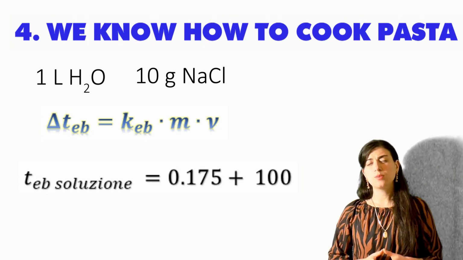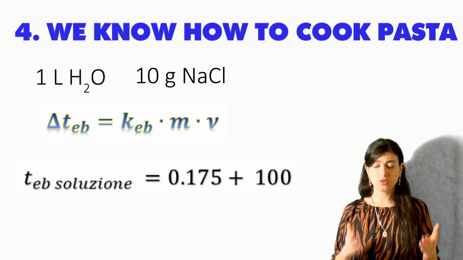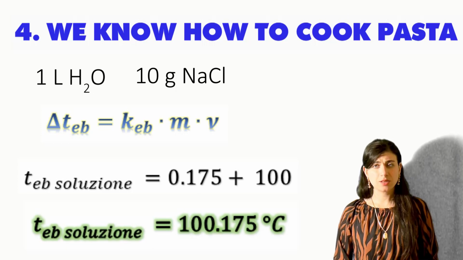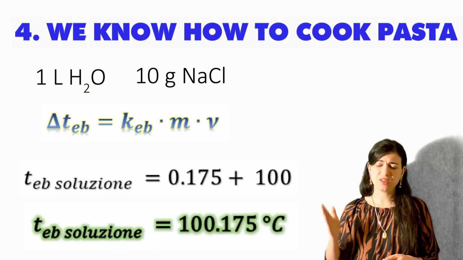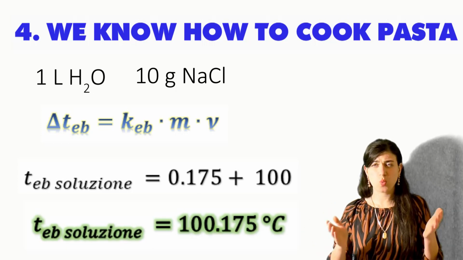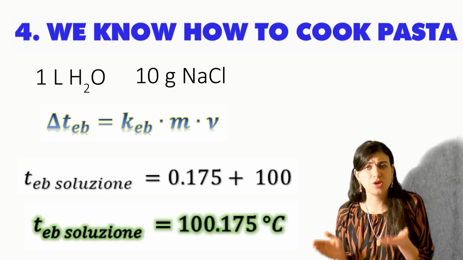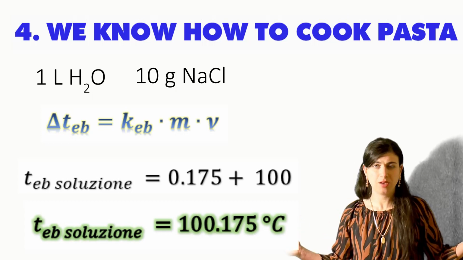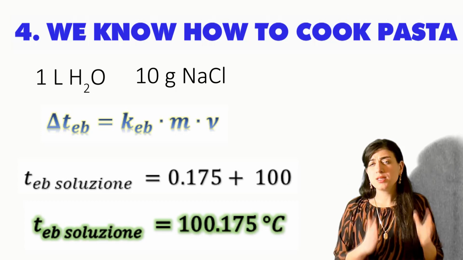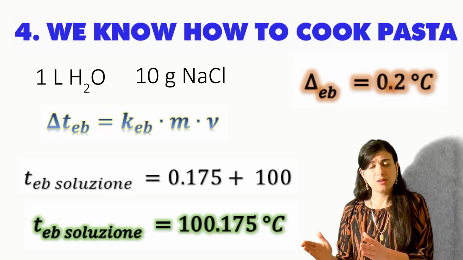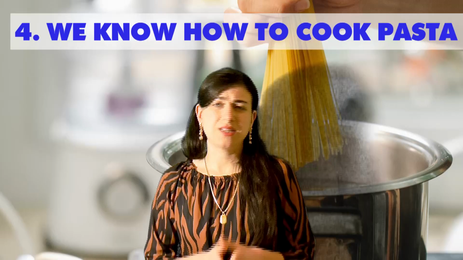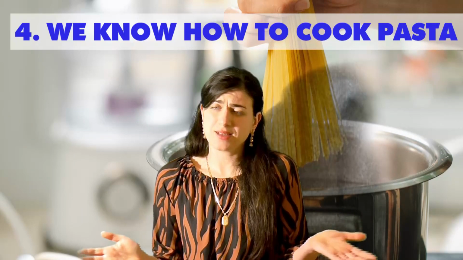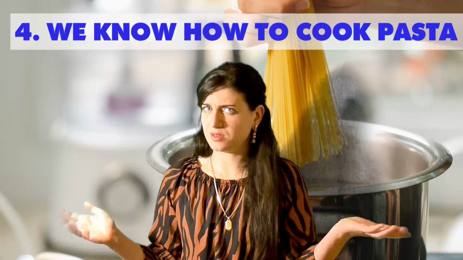The result will be that the boiling point of this new solution is 100.175, which is about 100.2 Celsius degrees, which is nothing. It's only 0.2 degree of difference. So really, it's ridiculous. So cook pasta as you please.